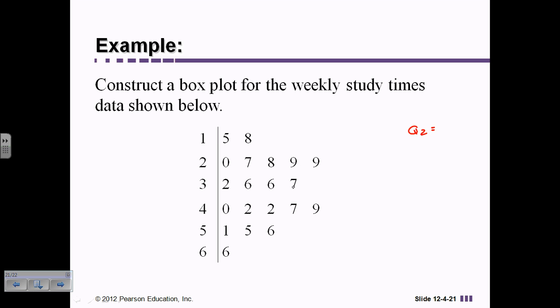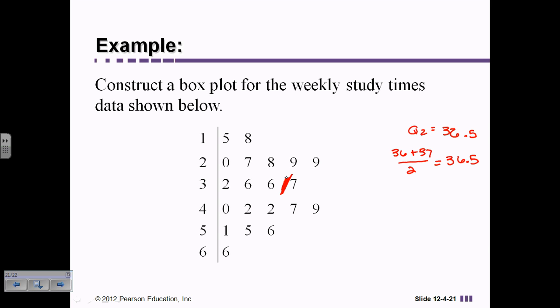So I'm going to take the 36 and the 37, add them together and divide by 2, which ends up with 36.5. And that's the value of quartile 2, sitting right here between these two values.